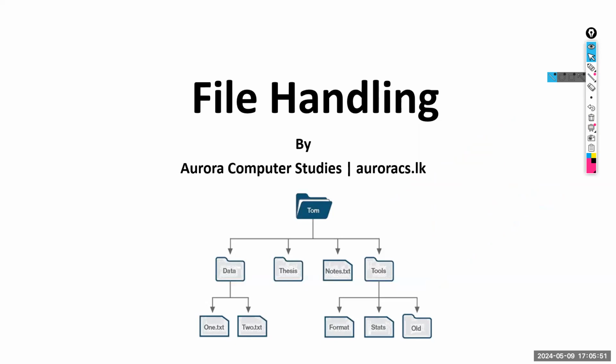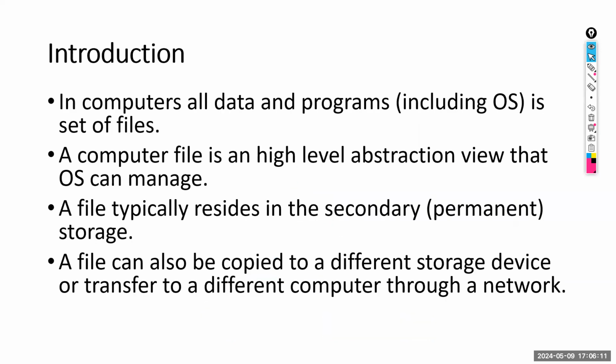Even a database is ultimately a set of files. So therefore, files are important for both data handling as well as programs. Okay. And file handling is done by the operating system. You don't need separate software for that.